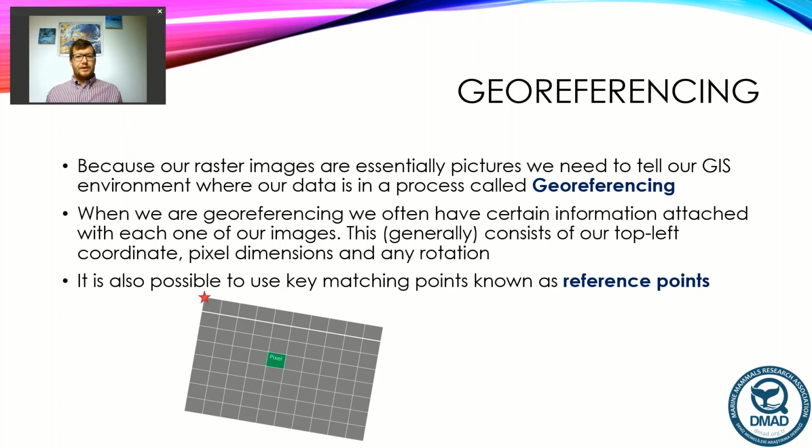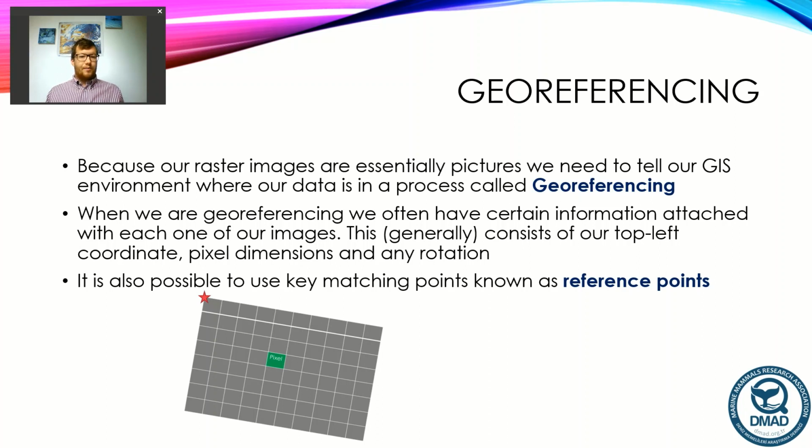So in order to use this raster data, because as I said they're pictures, we actually have to tell our GIS environment, in this case QGIS, where our data is. And this is a process which is referred to as georeferencing.